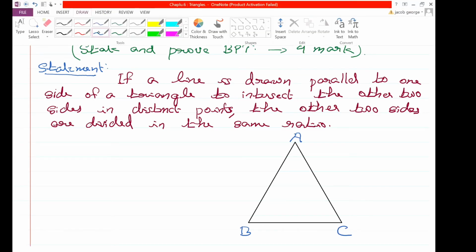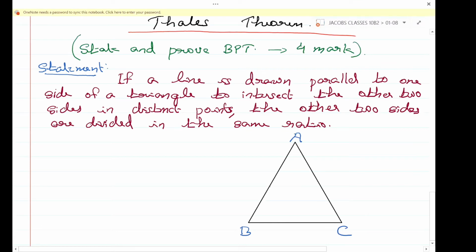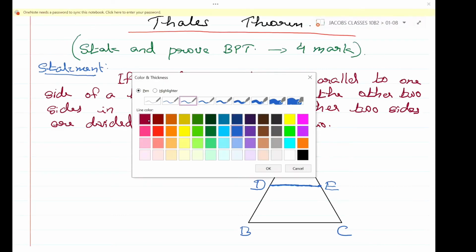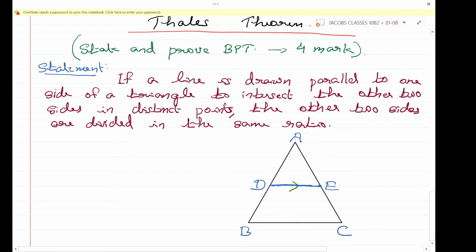So like this, a line is drawn. For example, this is the line DE. This DE is drawn parallel to BC. It is part of the given, right? This arrow means these are parallel. DE is parallel to BC.